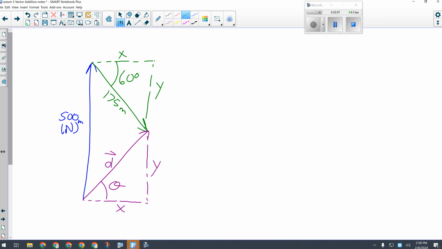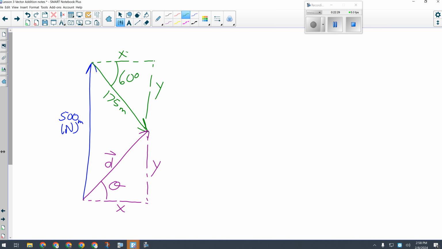All right. So on this one, if I wanted to complete this, if I want to find x, and I know the hypotenuse and this angle, what trig function would I use to find x? Cos.